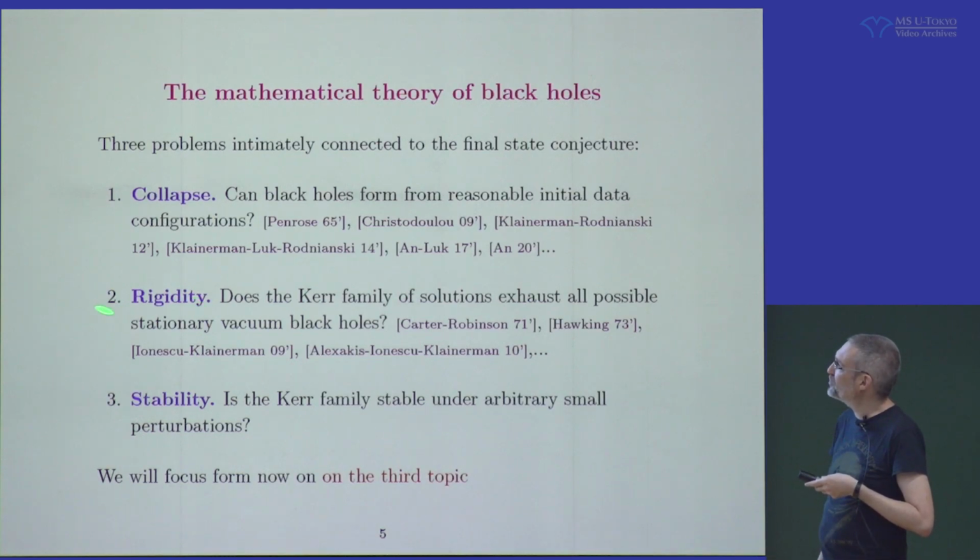Then there is the question of rigidity. The conjecture tells you that any dynamical black hole will end up being a Kerr black hole. So this is really the question of classification of all possible stationary vacuum black holes. This conjecture assumes that any stationary black hole has to be part of this Kerr family of solutions.